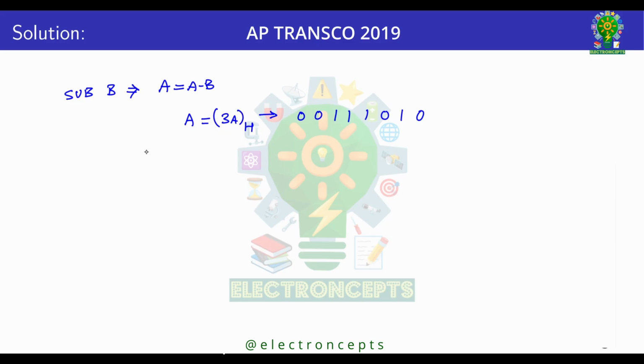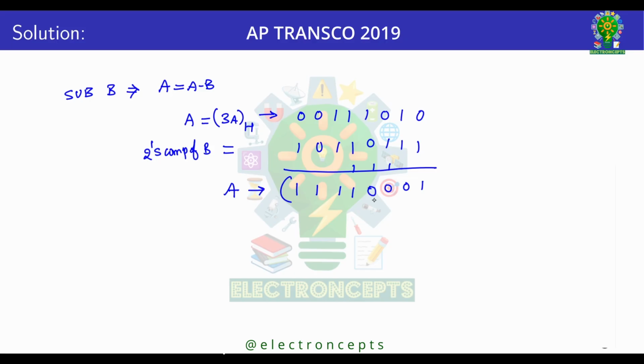We need to add 2's complement of B to the value of A to get A minus B, that is 2's complement of B is equal to 1 0 1 1 0 1 1 1. Adding this gives 1 1 1 1 0 0 0 1. After executing the SUB B instruction, the value in accumulator A is this, which is in binary format. Let us convert this into hexadecimal, which is F1 in hexadecimal.